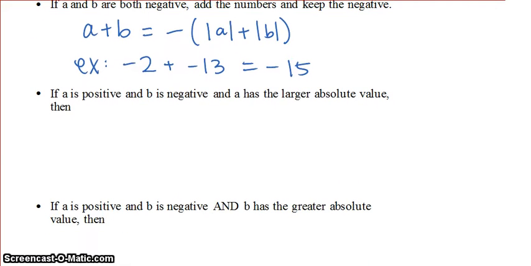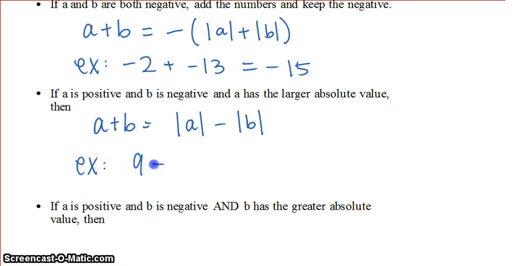Now, if A is positive and B is negative, and A has the larger absolute value, then we have A plus B equals the absolute value of A minus the absolute value of B. For example, we have 9 plus -6. A is positive, which is 9, B is negative, which is 6, and A has a larger absolute value.